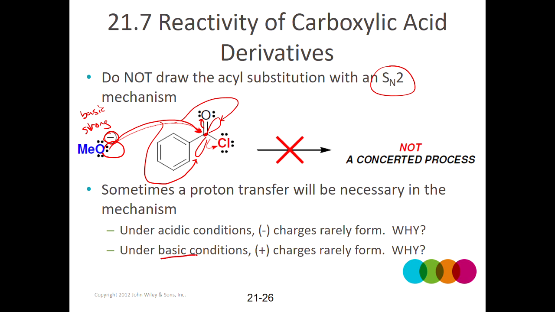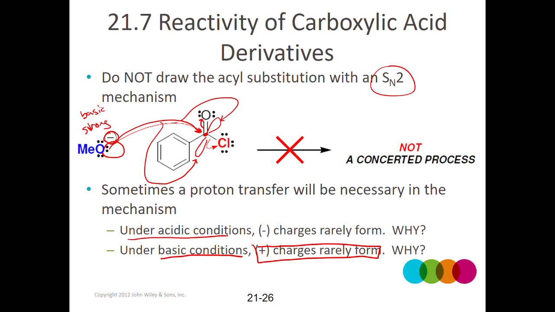If you're under basic conditions, you'll almost never form a positive, because if you have negatives, they would quickly react with any positives that form, and that would be really unstable, or really unlikely, I should say. So if you're under basic conditions, you almost always have a negative throughout the mechanism.